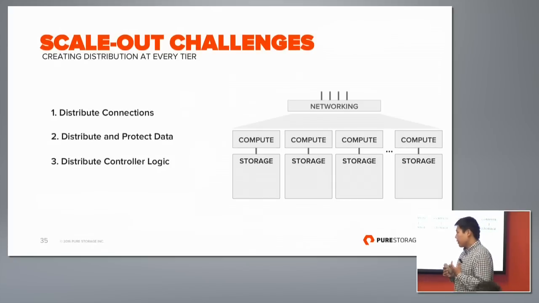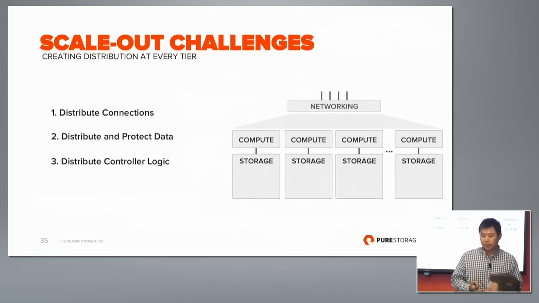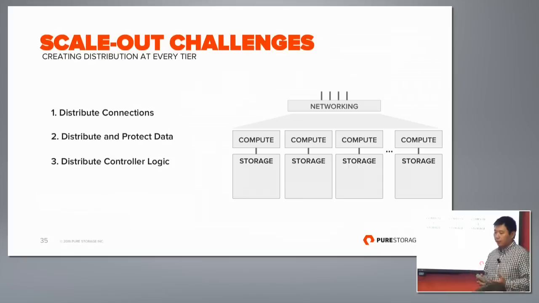So if we look broadly at the space of challenges that scale-out storage faces, we see a lot of commonalities. At a really high level, all scale-out solutions look somewhat similar. You have compute and storage, and the physical form factor and makeup of this varies quite a bit. You may have a dual controller architecture with a bunch of drives sitting behind it.